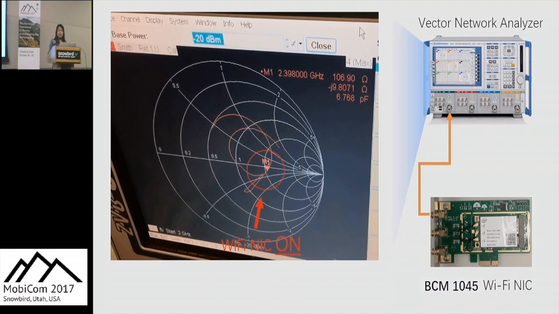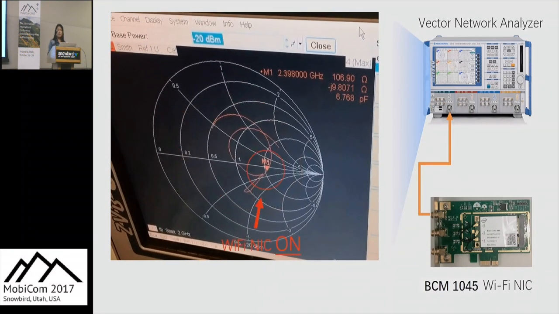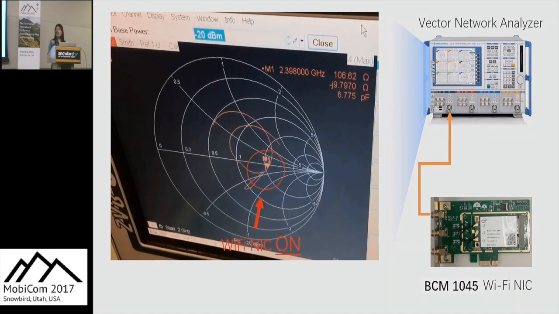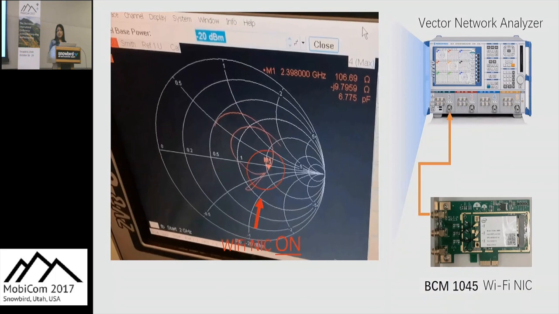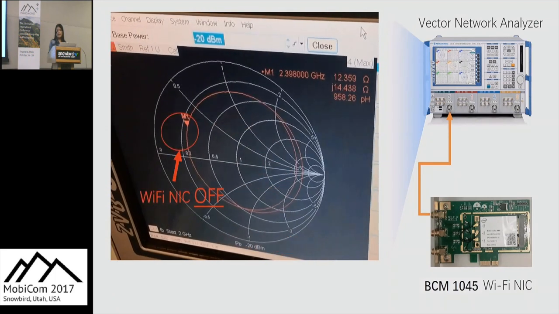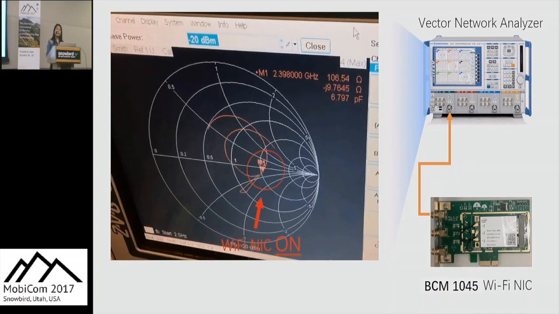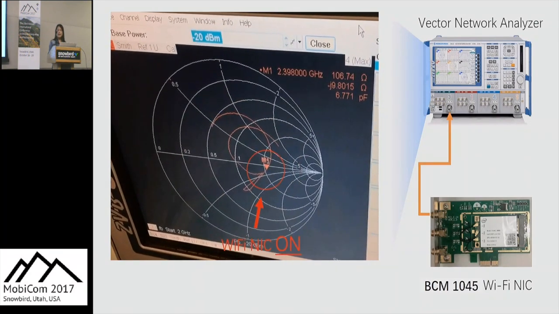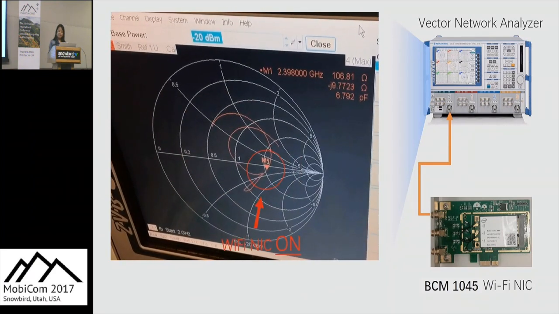We found that when we turn the NIC from off to on, its impedance will jump from one region on the Smith chart to another region. This indicates that the impedance when the Wi-Fi NIC is in off and on states are different. So we can use these two states to emulate the two states on a backscatter tag. This is the working principle of NICScatter.